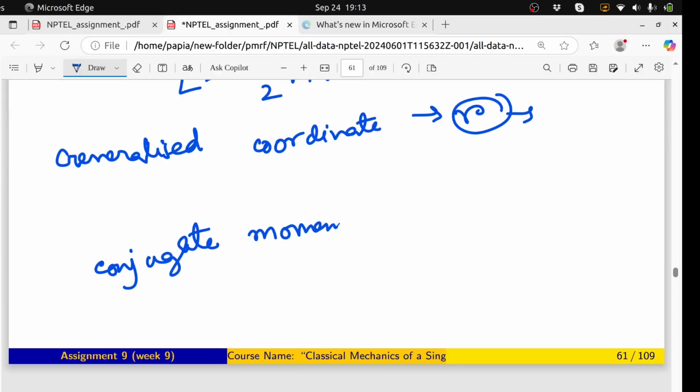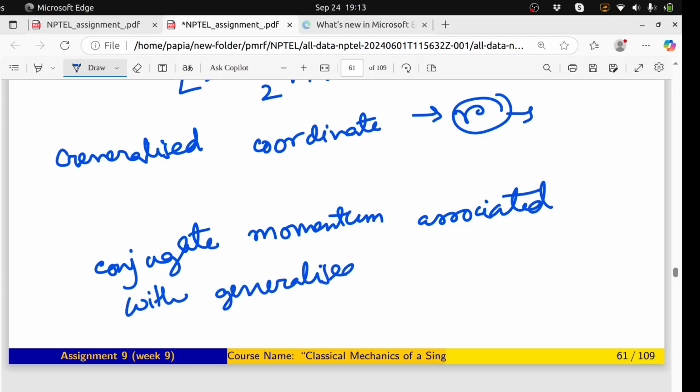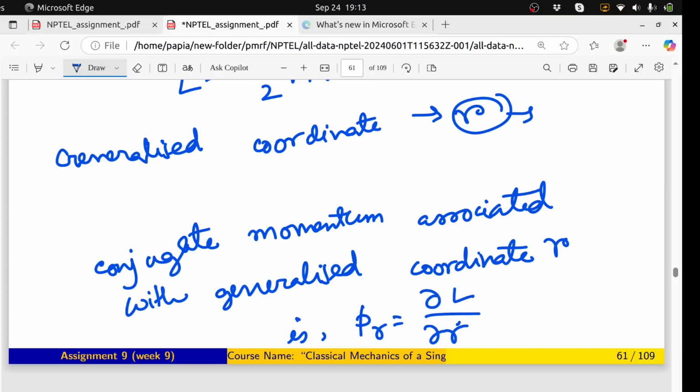The conjugate momentum associated with generalized coordinate r is p_r, which is del L del r dot.